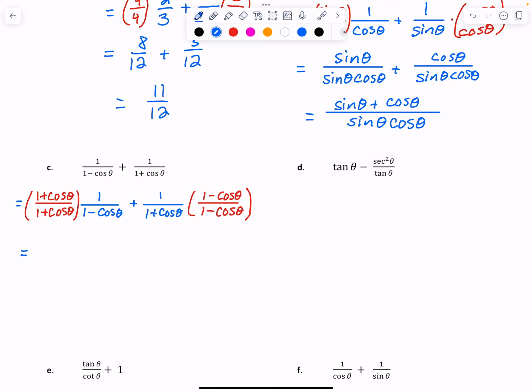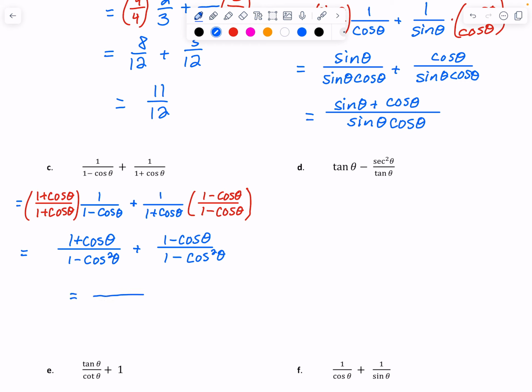Okay, now I multiply. I'm going to get 1 plus cosine theta over, when I multiply that out, notice one's plus, one's minus, so I'm going to get 1 minus cosine squared theta. Plus, this is going to have a 1 minus cosine theta, and when I multiply that out, I get 1 minus cosine squared theta, like I did in that first one. Notice now I can add my numerators, since my denominators are the same.